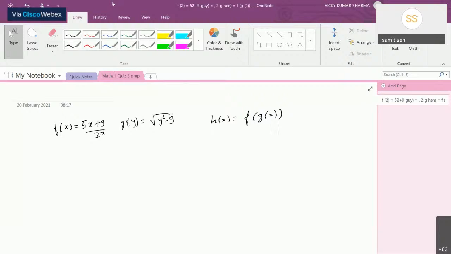I find the domain, but my answer is not matching, and I have some doubt on the solution they have given, sir.